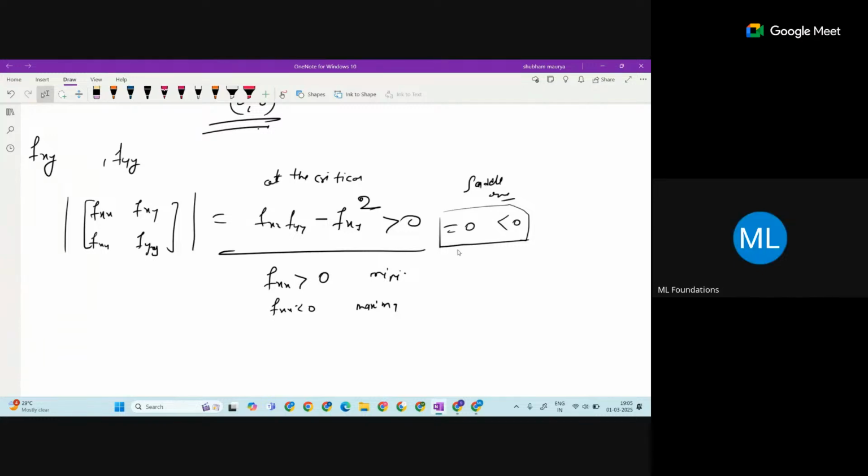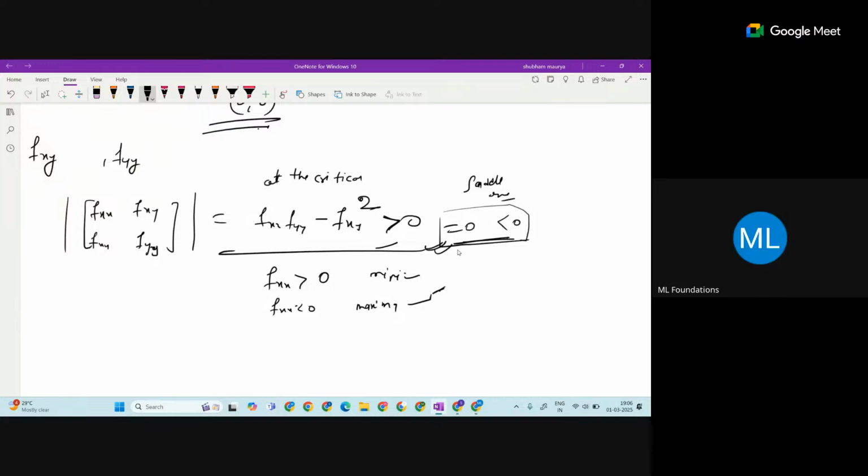This is one condition, and this is the other; both conditions should be satisfied. Because the saddle case is determined from here only. So first we check whether this critical point is a saddle or not. If it is not saddle, then maxima or minima. If it is saddle, which is conditioned by this one, then there is no need to go ahead. So equal to 0 and less than 0 both are saddle, and greater than 0 is always maxima or minima, right?